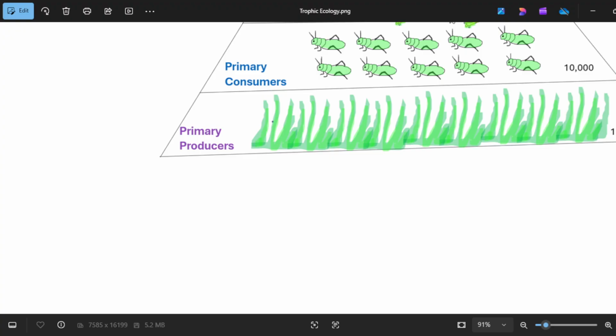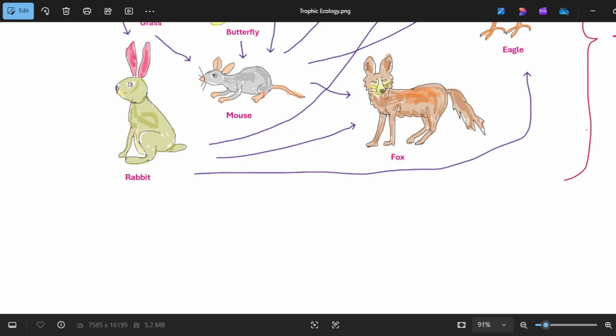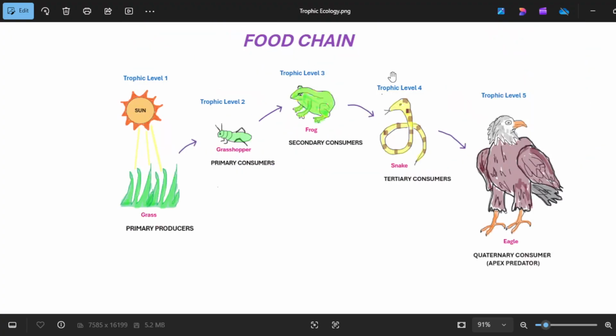By studying this food chain, food web, it helps us to understand the environmental collapse. For example, in the ecosystem, the frogs vanish. So what happens? The snake does not have any food to eat. So the snake will die out of hunger.